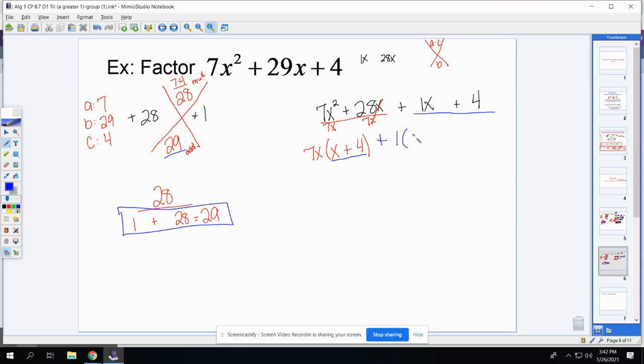If I factor out a 1 from this, that does not change the equation whatsoever. That keeps our parentheses exactly the same at x plus 4, which is what we need. So our final answer here, now that we see that our parentheses are the same, is x plus 4 times 7x plus 1.